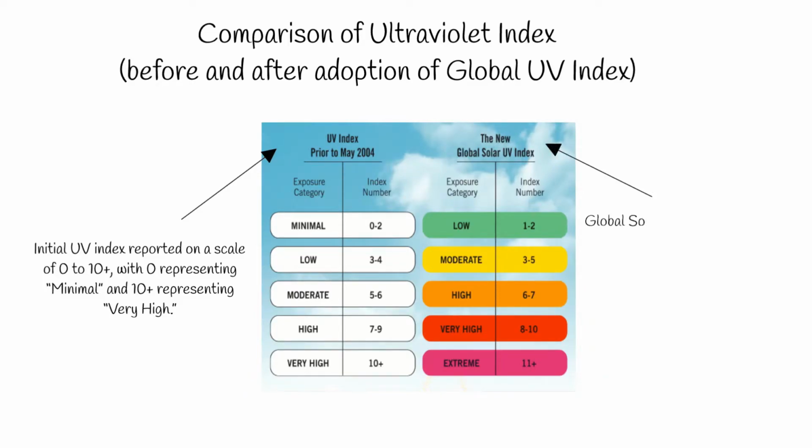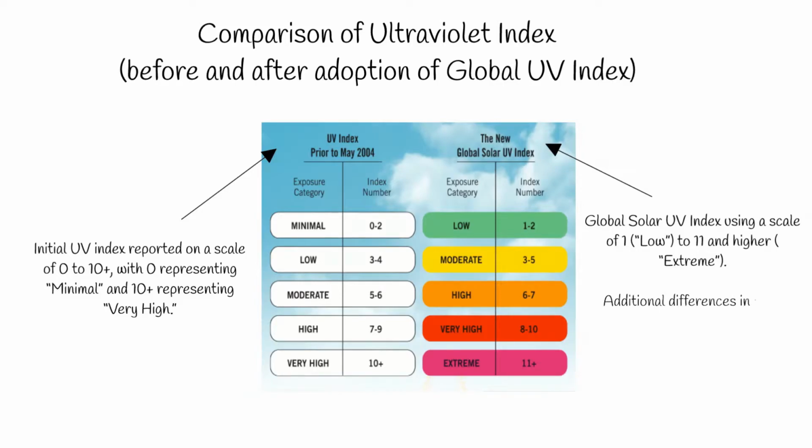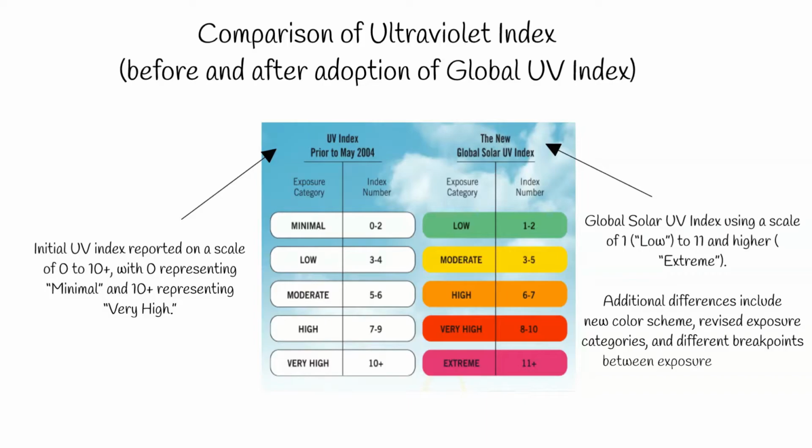While the global UV index uses the scale of 1 for low to 11 and higher for extreme. Additional differences include a new color scheme, revised exposure categories, and different breakpoints between exposure categories. On top of that, the minimal category was removed, and an extreme category was added.